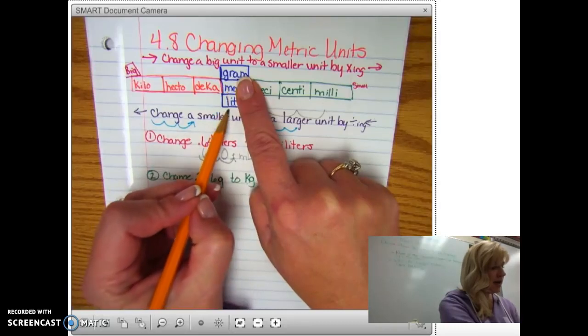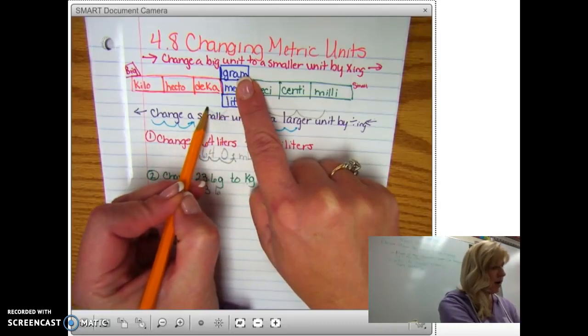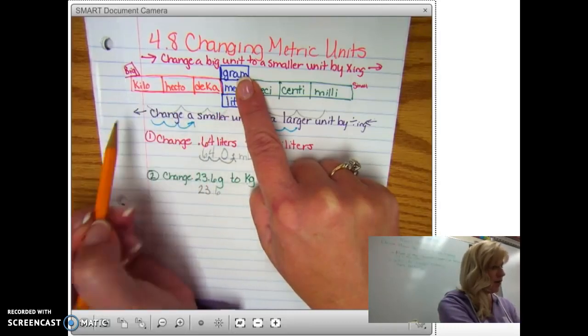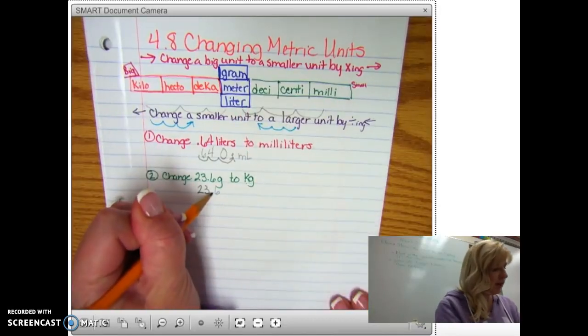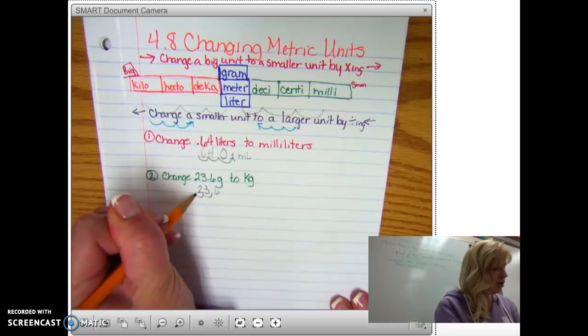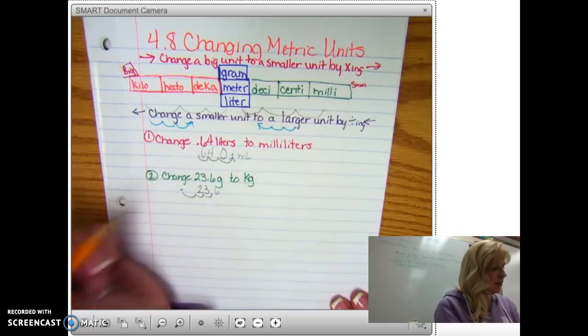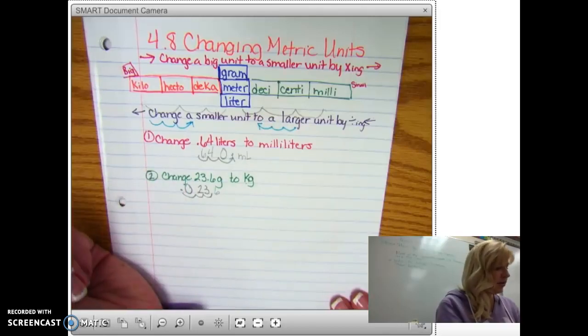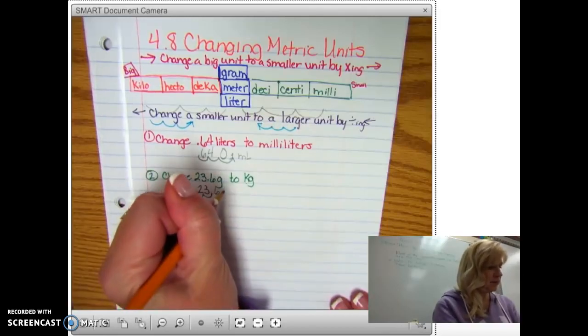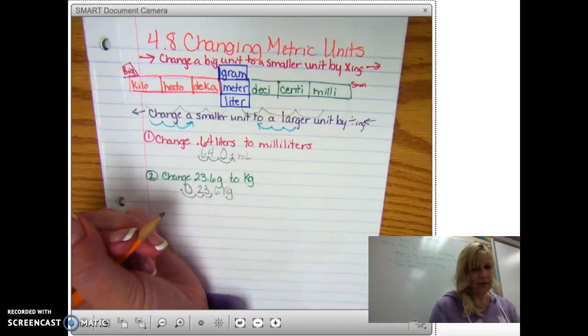Well, if we start here, we are going to move 1, 2, 3 places to the left. I need to add that placeholder 0, and then I need to label it kilograms.